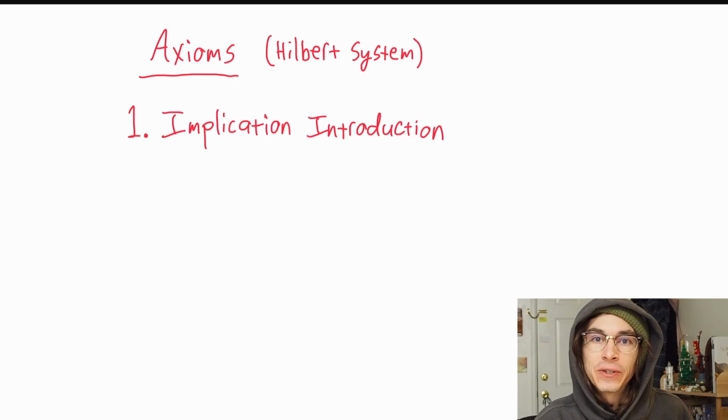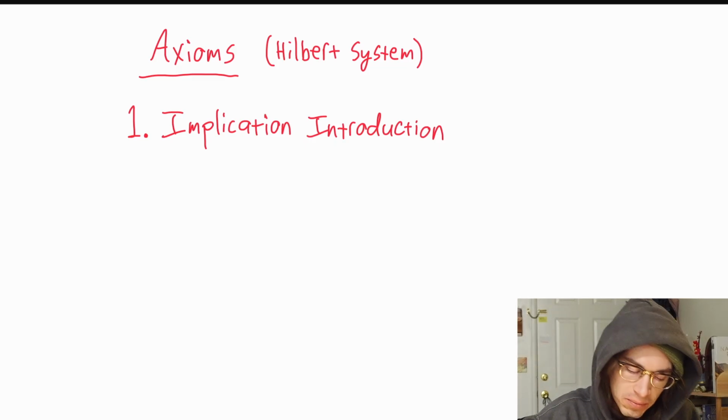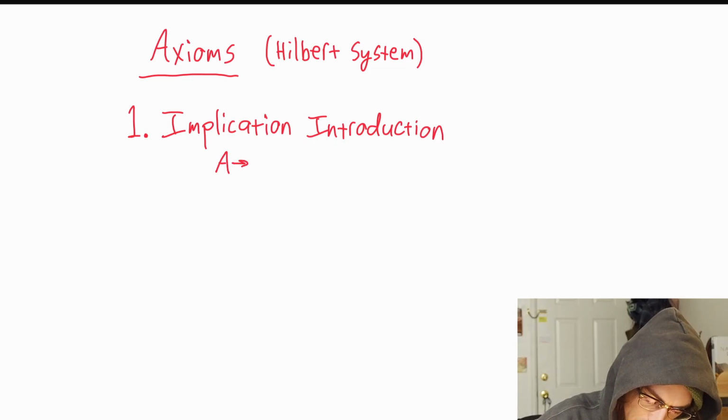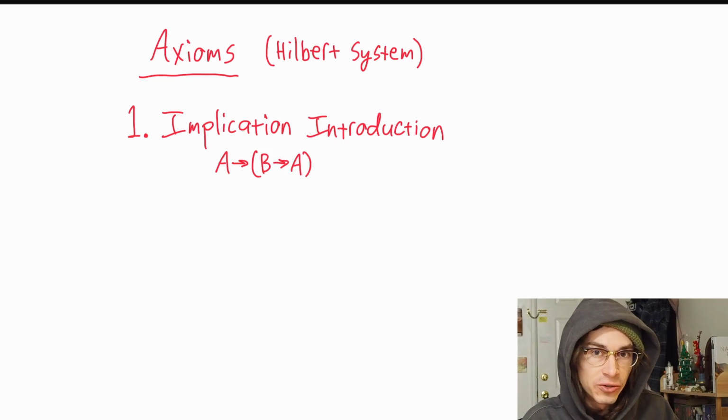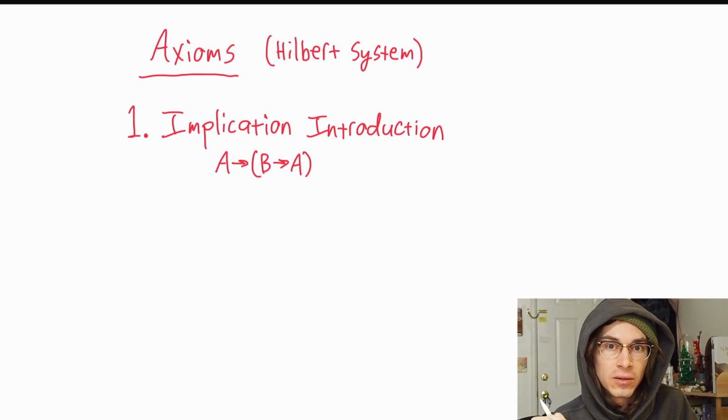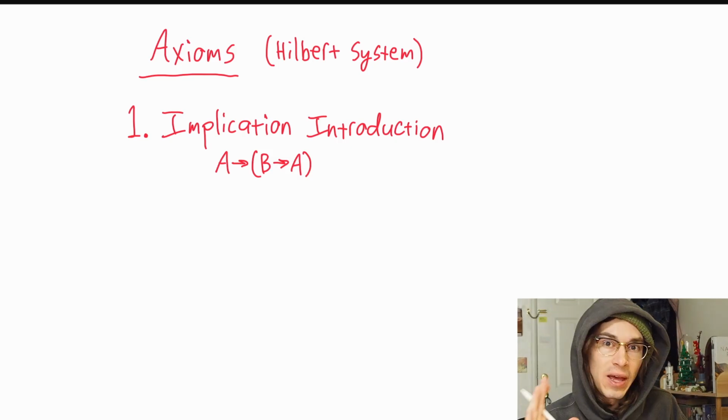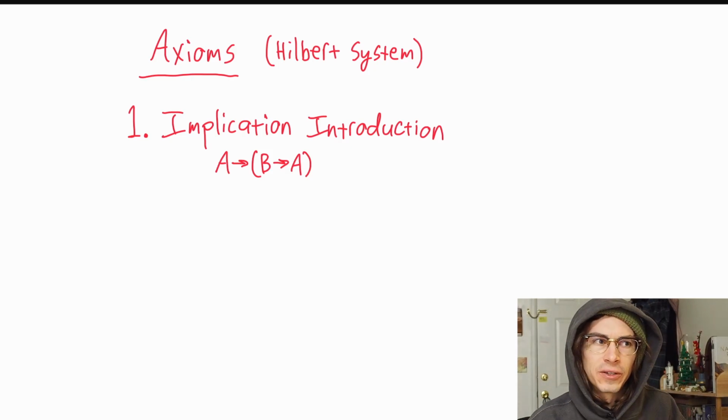It introduces the implication, that arrow, if then. And it's written A implies B implies A. So if A is true, then if B is true, A is still true. It's kind of like the law of identity in the three laws of logic, just simply that if A is true, then A is true.